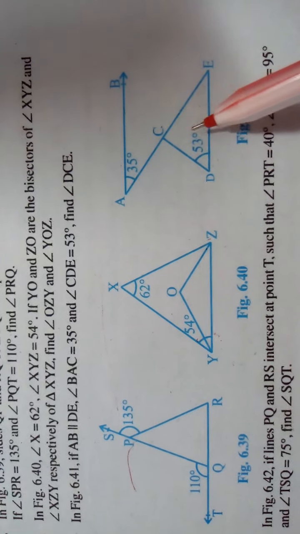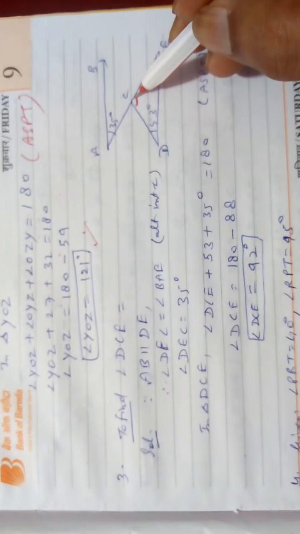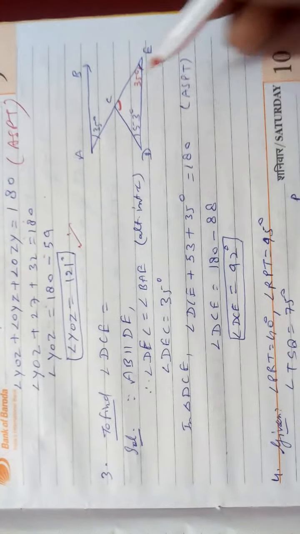Next, the third question is given. AB is parallel to CD and two angles are given. You want to find angle DCE. Very simple.